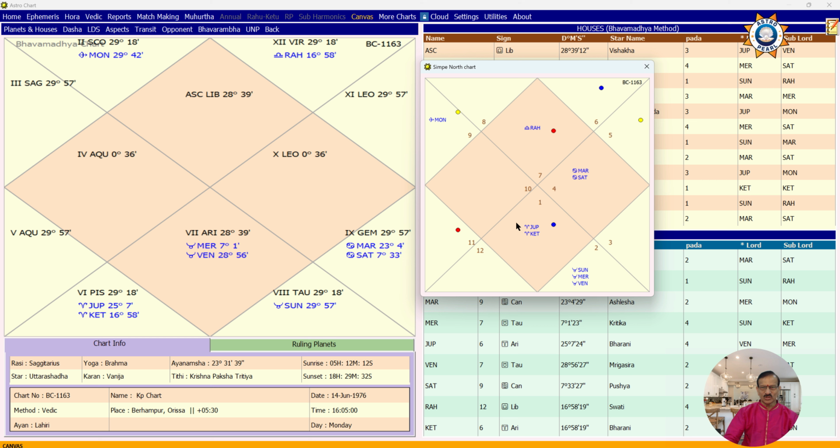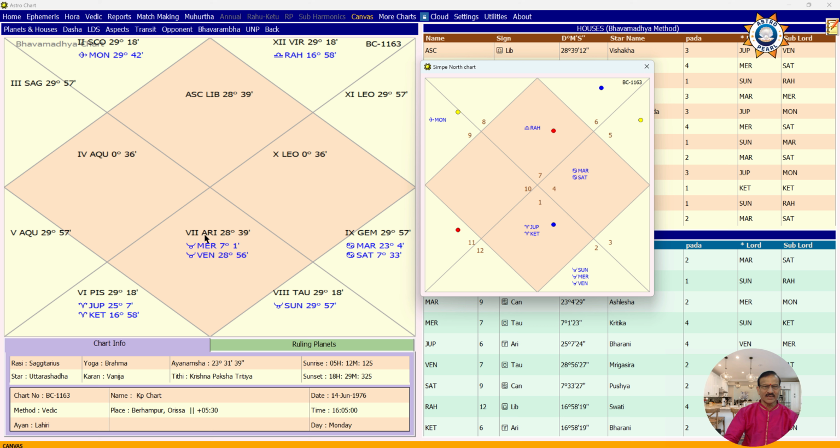Similarly, Jupiter and Ketu were in the 7th house in the Rasi chart. Now Jupiter and Ketu have moved to the 6th house. Again, the 7th house starts in Aries at 28 degrees, right? But Jupiter, though in Aries, and Ketu, though in Aries, are behind, at 25 degrees and 16 degrees.